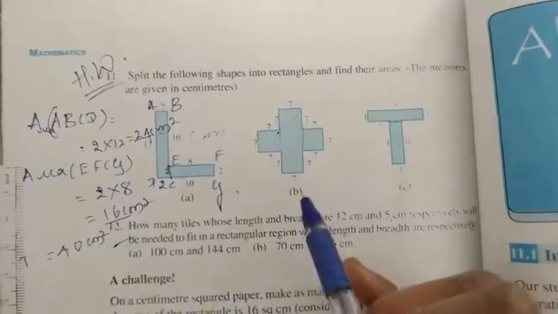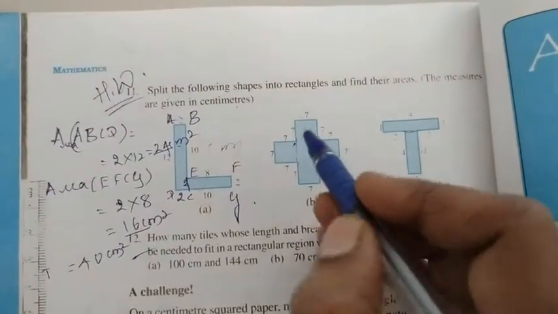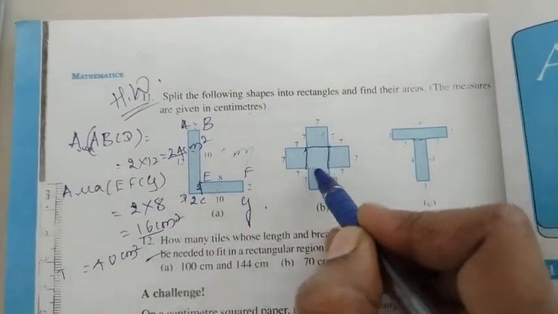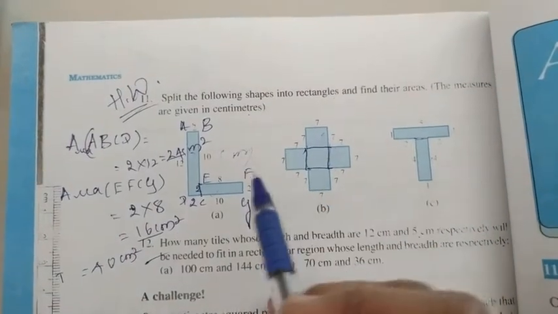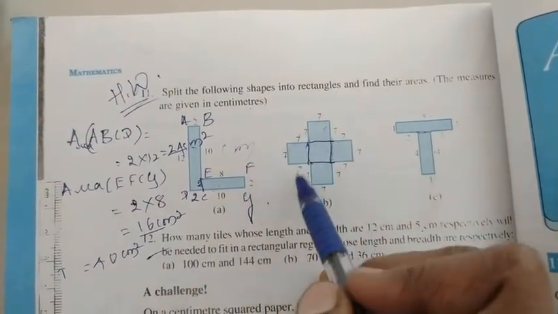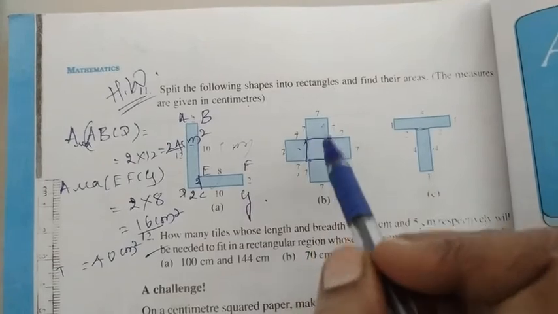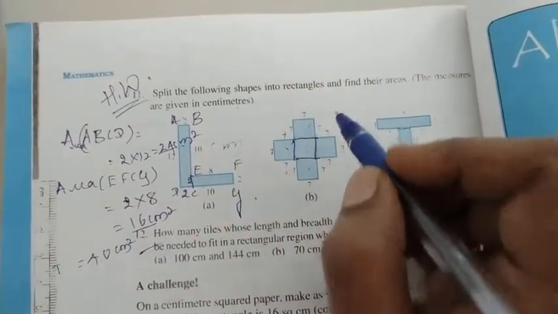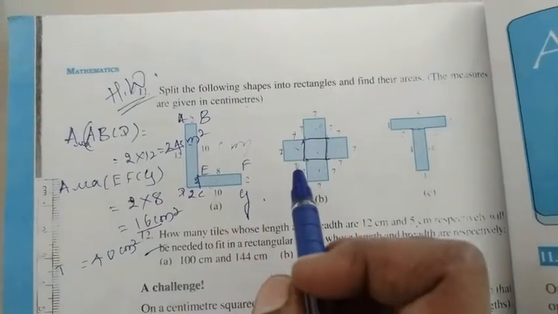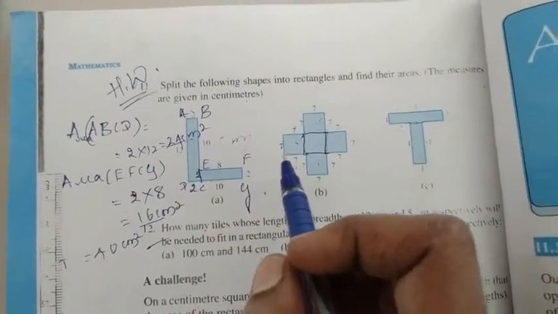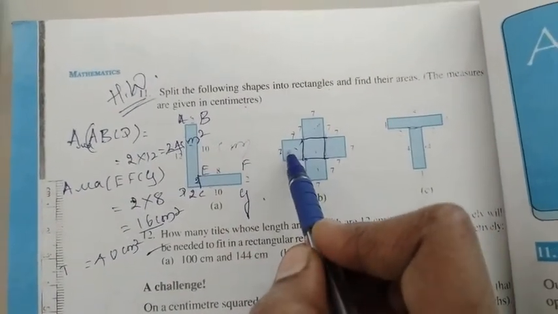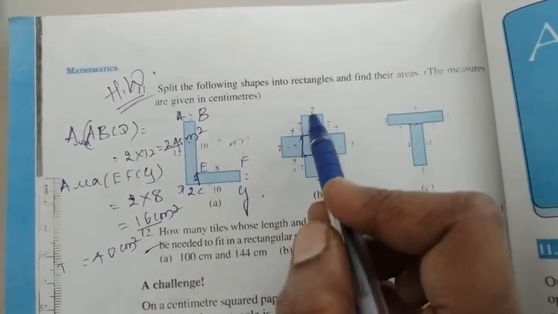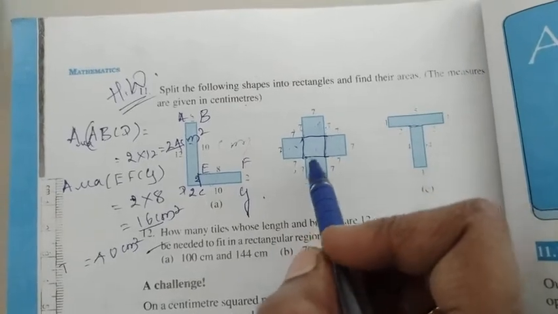Okay, next one, see here children, you have to make all the squares that are there. 1 2 3, 1 2 3 4 5 squares. First you have to find the area of one square, because all the squares have the same measurement.